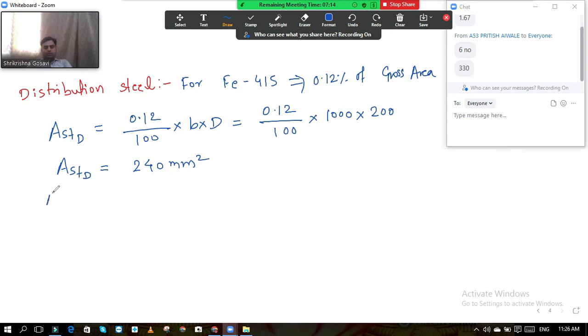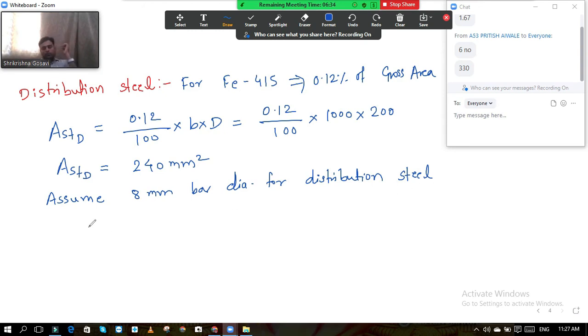Now for distribution steel, I will write here, assume 8 mm bars, 8 mm bar diameter for distribution steel. The other names for distribution steel are minimum steel, temperature steel, or shrinkage steel. Please remember all these names: distribution steel, temperature steel, shrinkage steel, or minimum steel. All these four names correspond to this only, distribution steel.